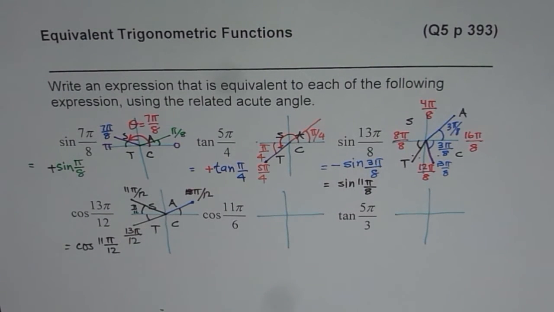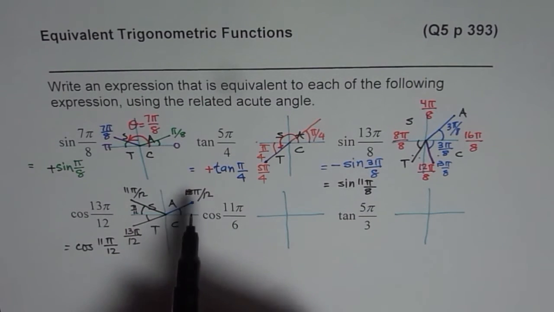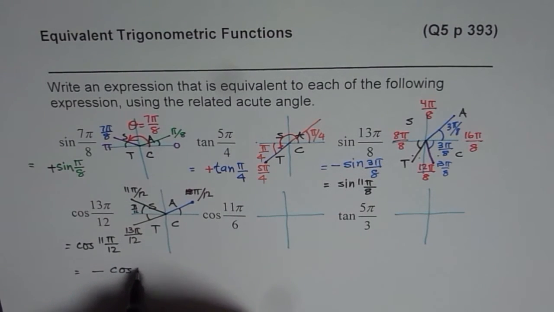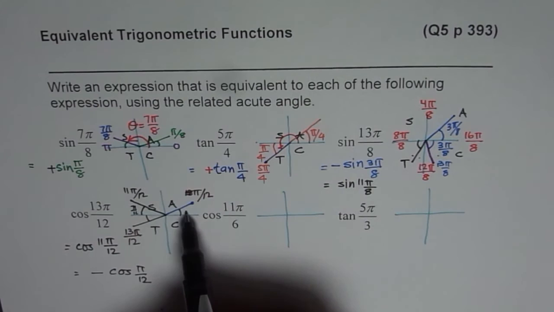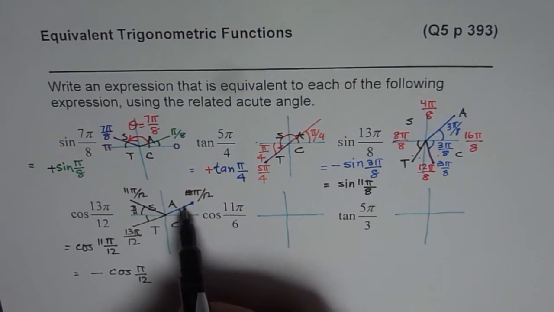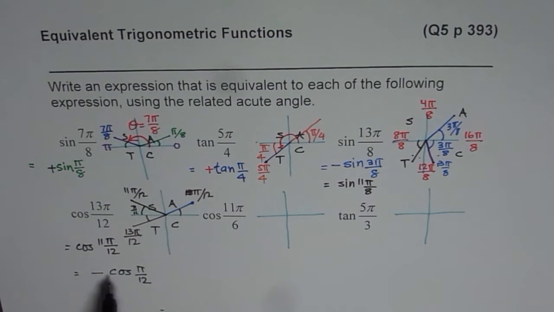So that becomes the equivalent ratio for cos 13 pi by 12. But I could have written this also as minus cos pi by 12. This is also in terms of the related acute angle pi by 12, right? Cos pi by 12 is positive, but I wrote minus to make it equivalent to cos 13 pi by 12. I hope now the concept is absolutely clear.